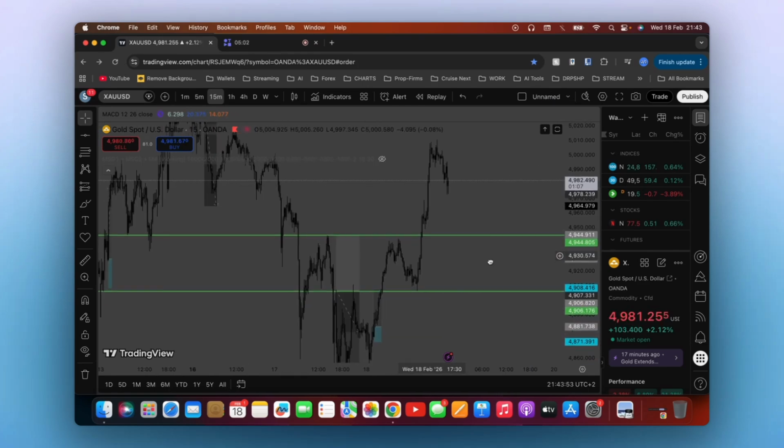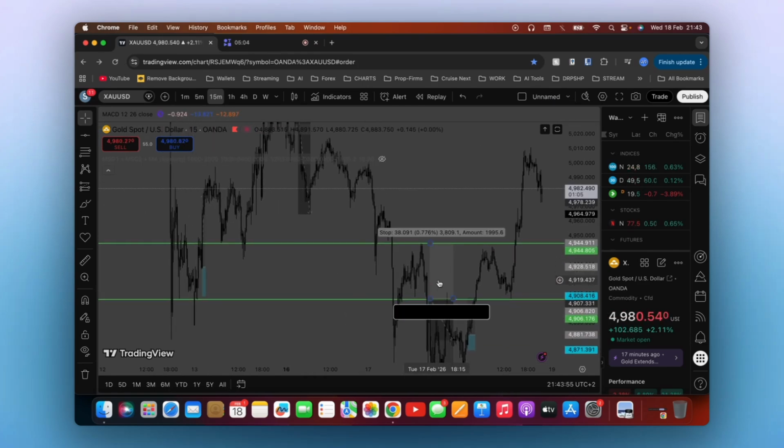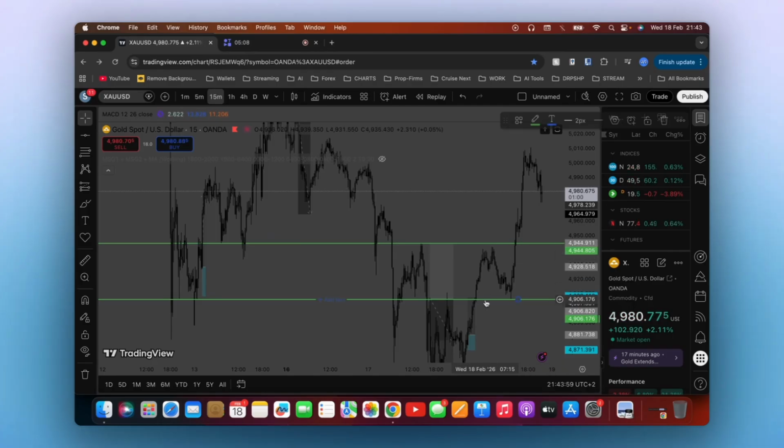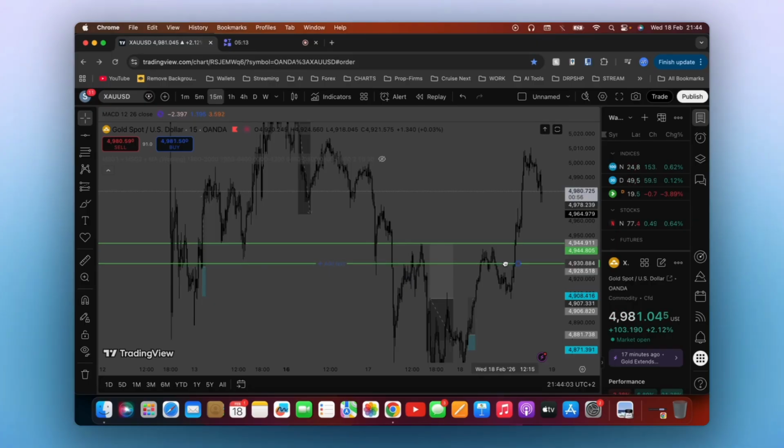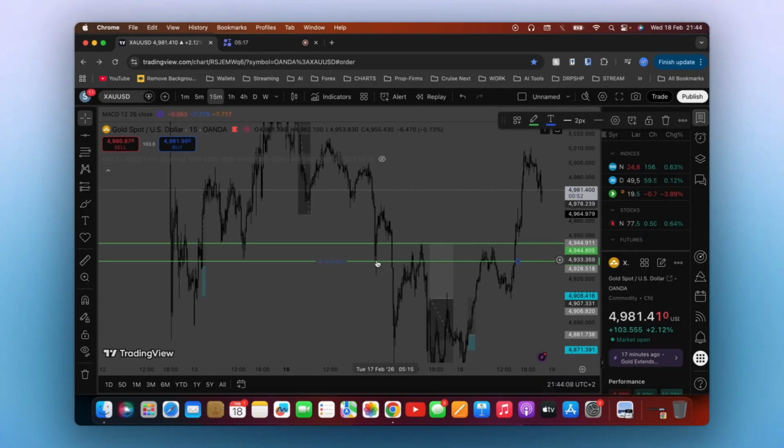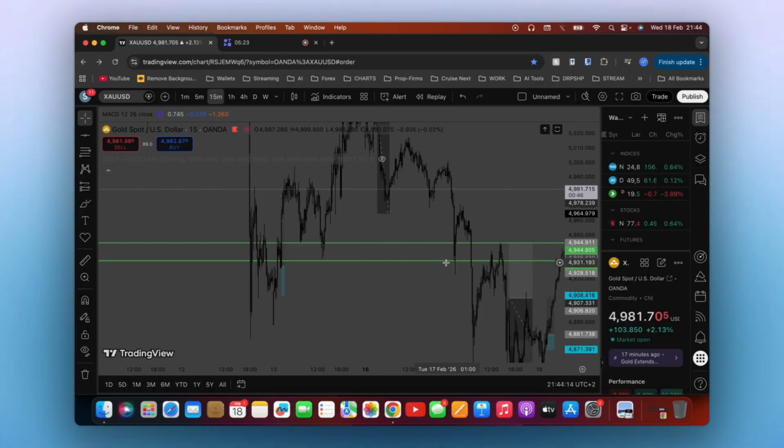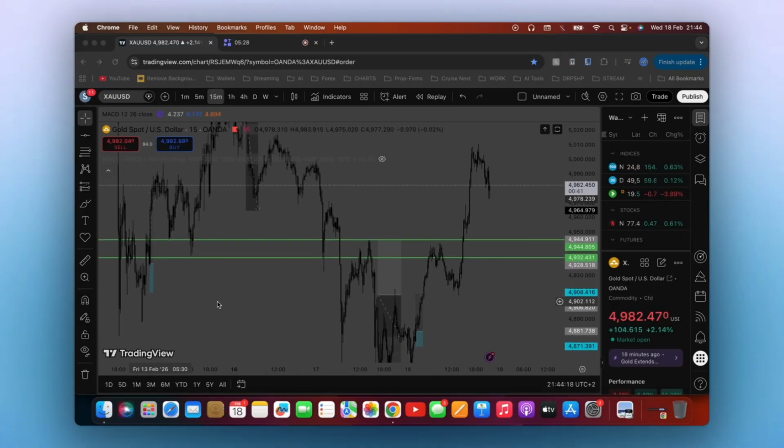Then let's try to find another one in case this resistance breaks, almost like a safety net. So we keep going up until we find another few touching. I saw here, there. 1, 2, 3, 4, 5, 6, 7. That's quite a nice one as well.